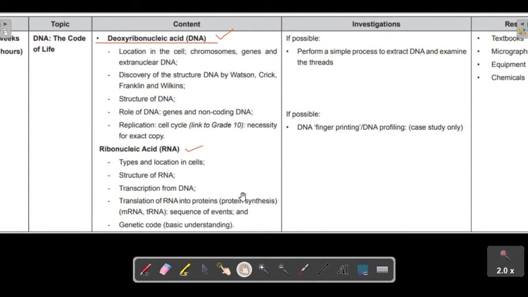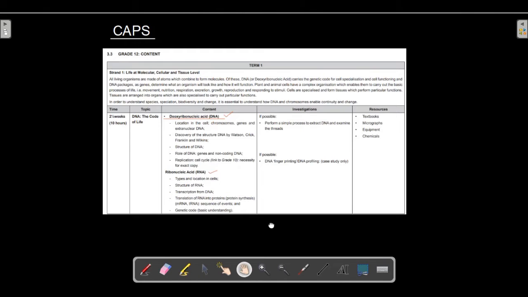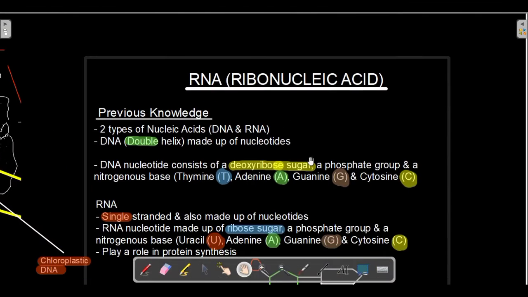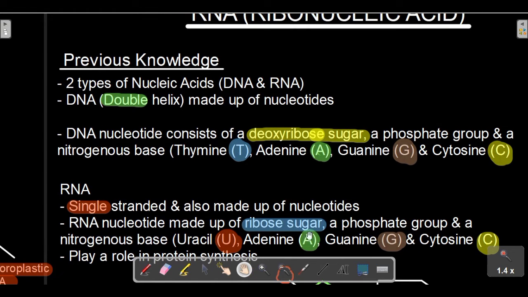Okay, so if you really remember clearly, for DNA we said that both of these are actually nucleic acids. And we said nucleic acids are a type of organic compounds, right? Organic compounds, they are made by carbon, most importantly. So we said that these two nucleic acids are made up, of course, of nucleotides.